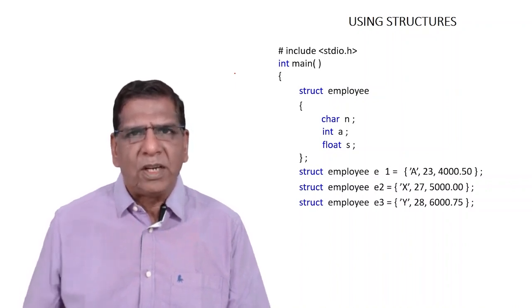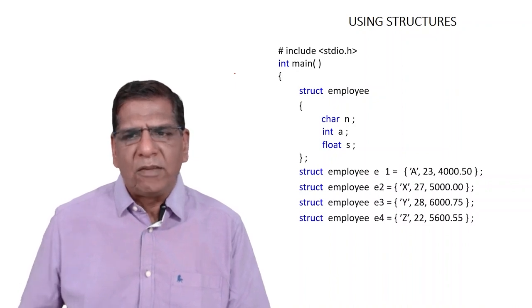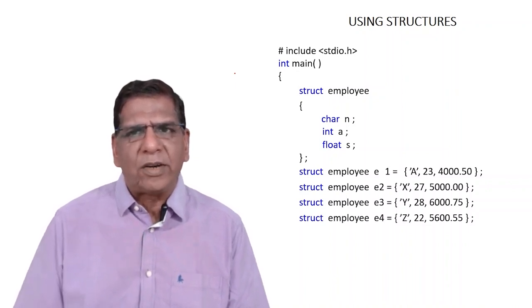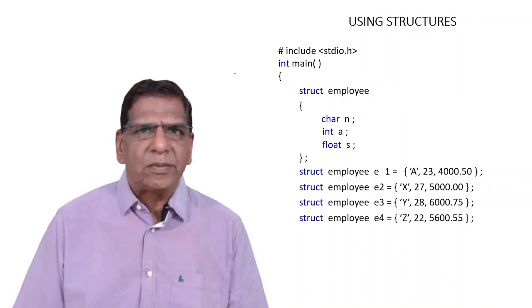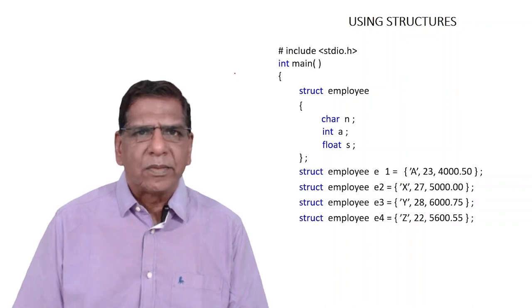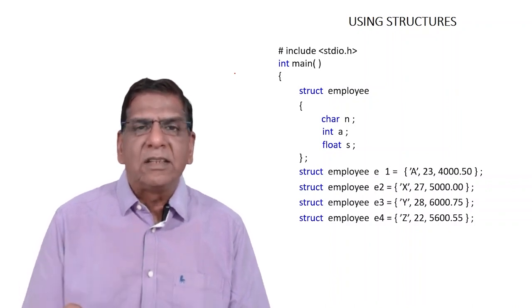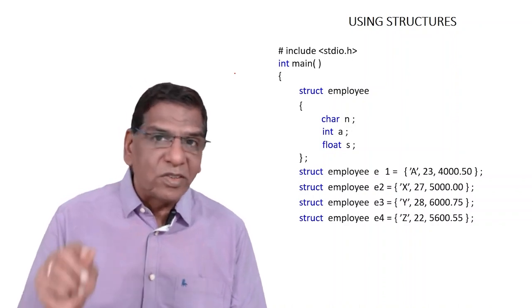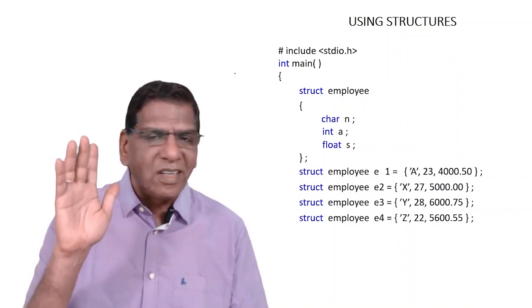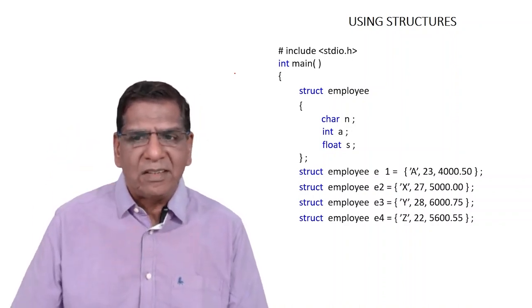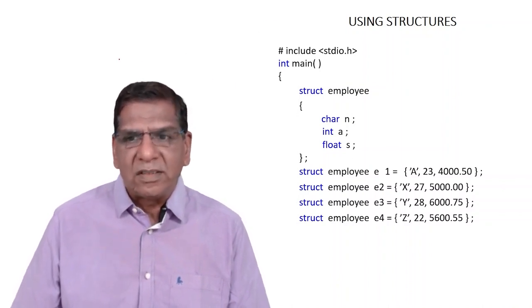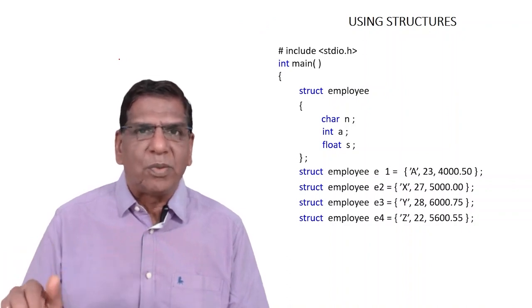Let's create one more variable E4 holding values Z, 22 and 5600.55. Advantage here is natural relationship now stands restored. It was not so in case of arrays, but it does stand restored because Z, 22 and 5600.55 belong together.